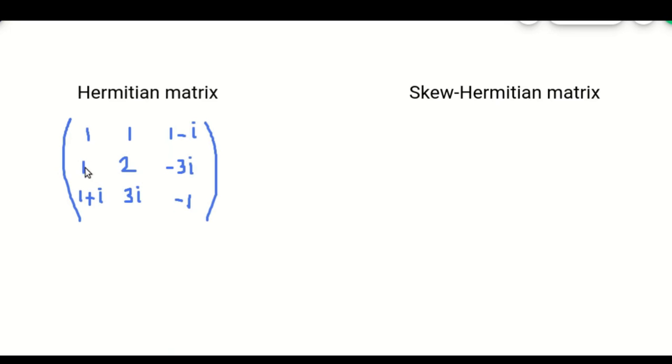As this is a real number, we have the same number in both positions, but here you can see it is 1 minus i, and here it is 1 plus i. So the sign of the complex part is changed. Here also it is 3i, and here it is minus 3i. So the sign of this part is changed, and on the diagonal there are real numbers. Now for the skew-Hermitian, we will write the condition first. This means Aij is equal to Aji conjugate.